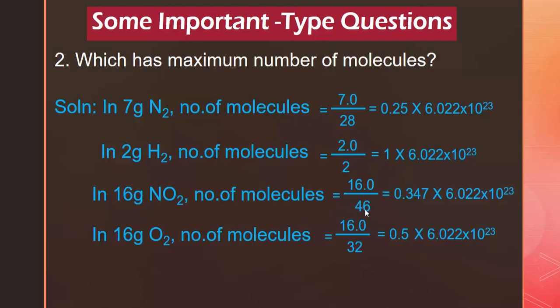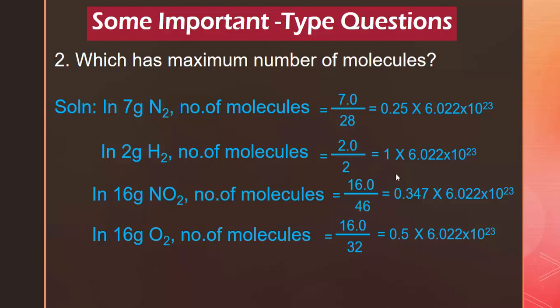So 16 by 46 will be somewhere around 0.347, into Avogadro number, that is 6.022 into 10 to the power 23. Now for oxygen as well, let's do that. For 16 grams of oxygen, the number of moles will be 16 by 32. So that will be 0.5 into Avogadro number, 6.022 into 10 to the power 23.